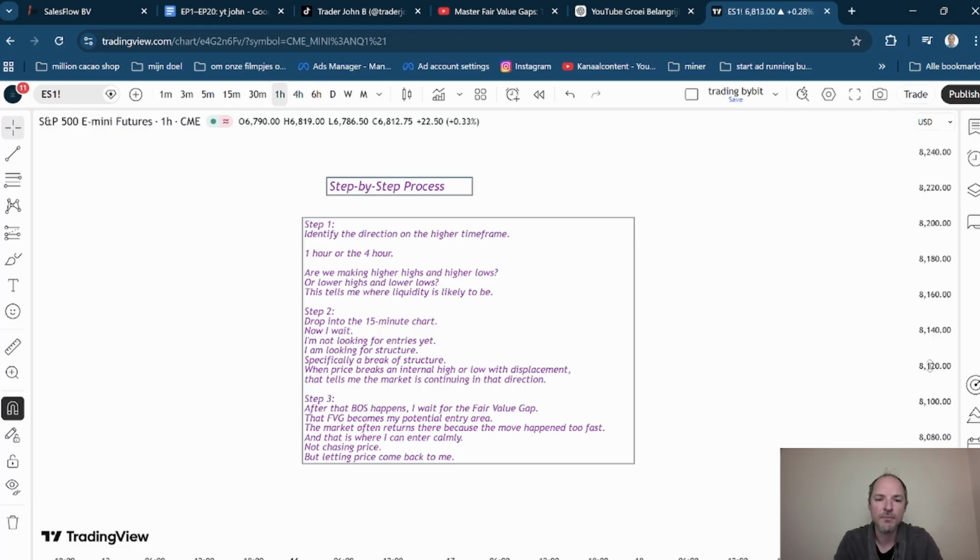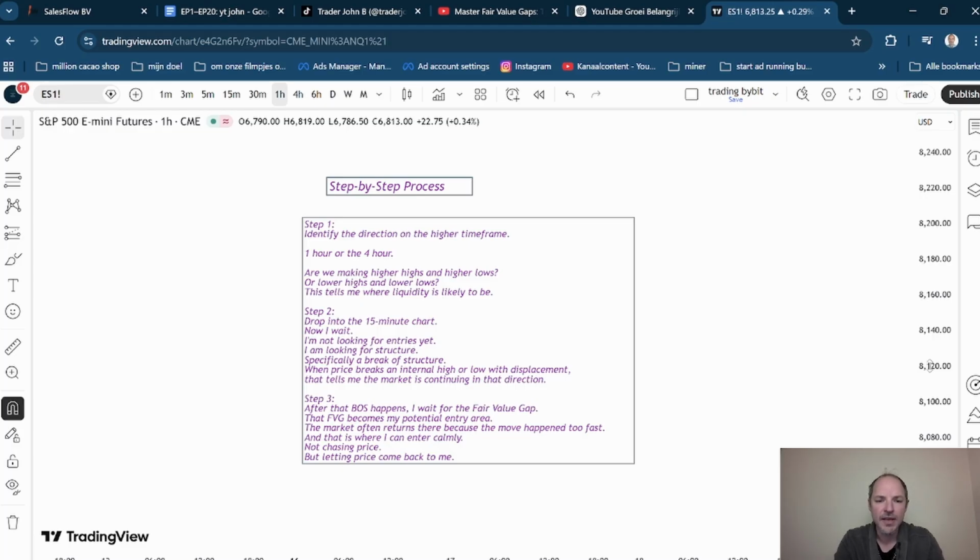When the price breaks an internal high or an internal low with displacement, that tells me the market is continuing in a certain direction. Displacement means the market has formed a huge candle in a certain direction and keeps moving in that form. I'll show you in a second what displacement is.